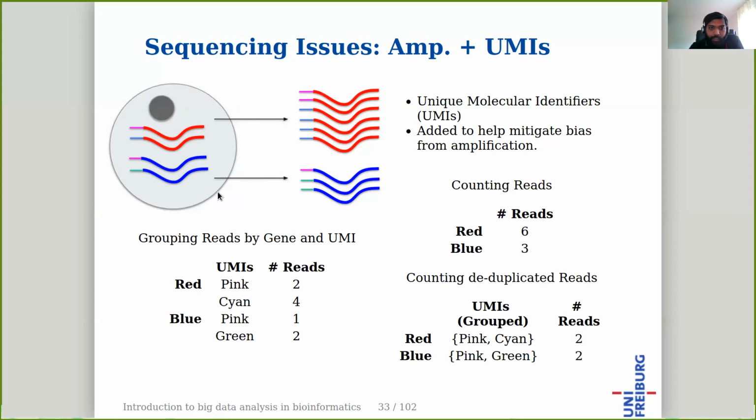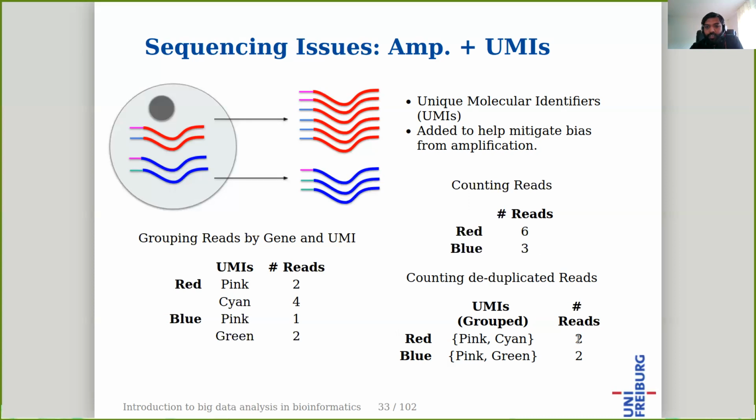So take the UMIs here, for example. There are 2 red reads with pink, 4 red reads with cyan, and so on. And then when we deduplicate them based on the UMIs, you just see for red there are 2 UMIs. For blue there are again 2 UMIs.